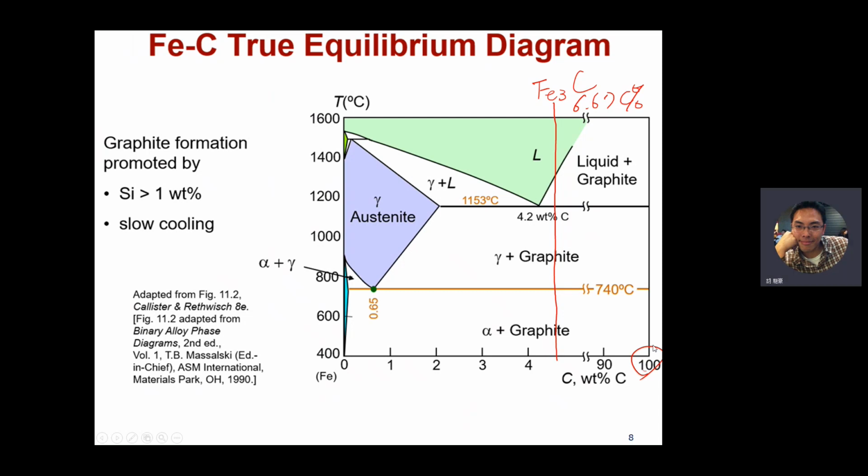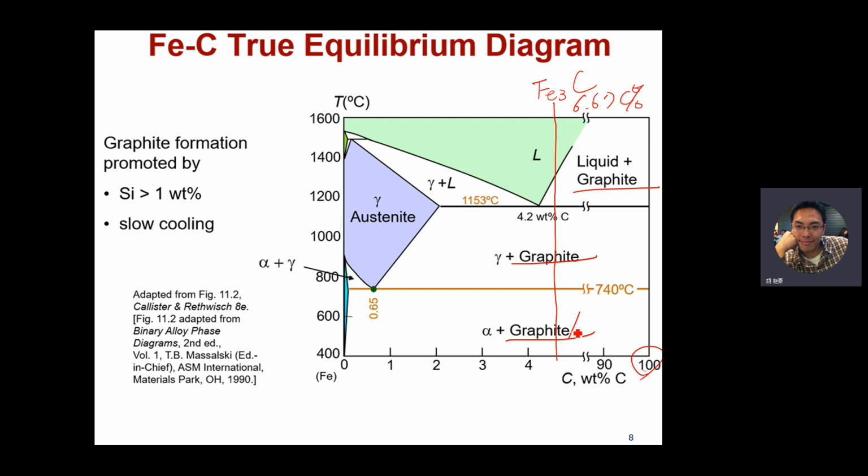If we want graphite formation in this alloy, we can add some silicon to promote the formation of graphite with slow cooling. Therefore, here is some graphite content.